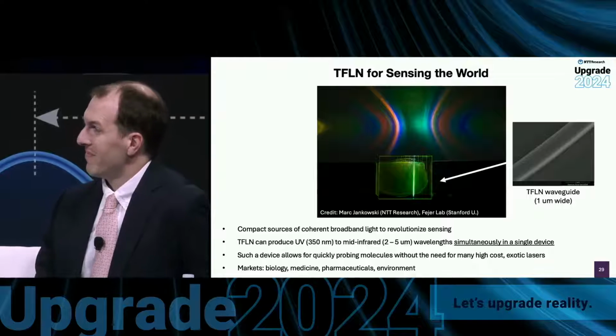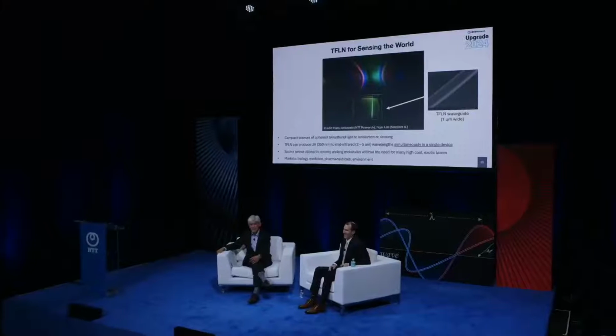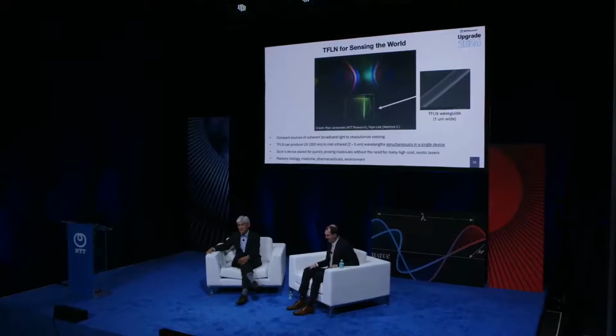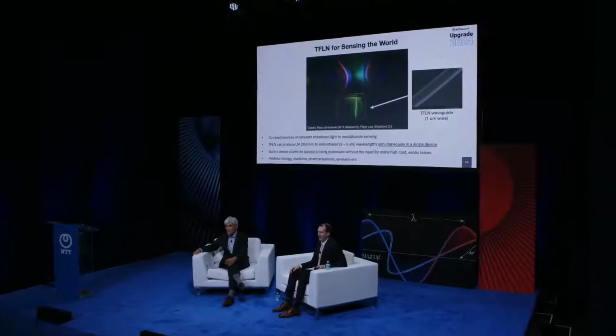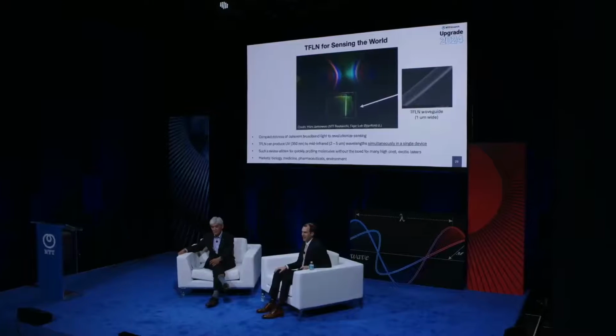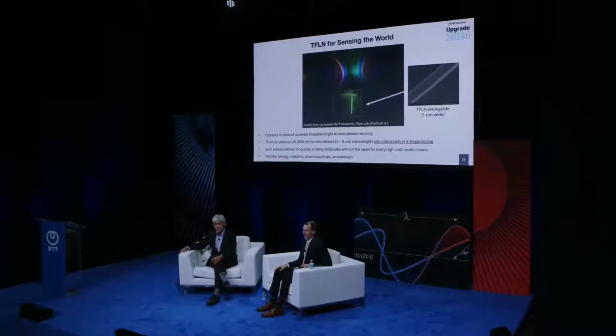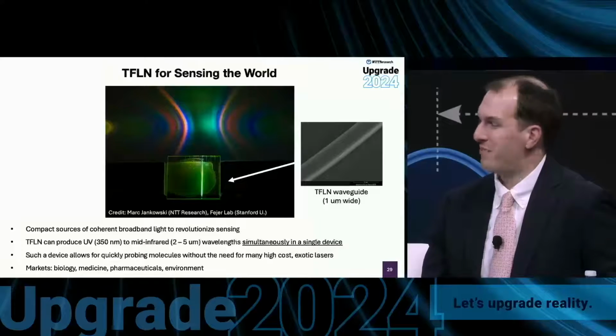So we are all looking at this rainbow-looking picture here. Can you tell us what it is? Yeah, this is work done by Mark Jankowski in Professor Fayer's lab at Stanford, and this is a really special device.